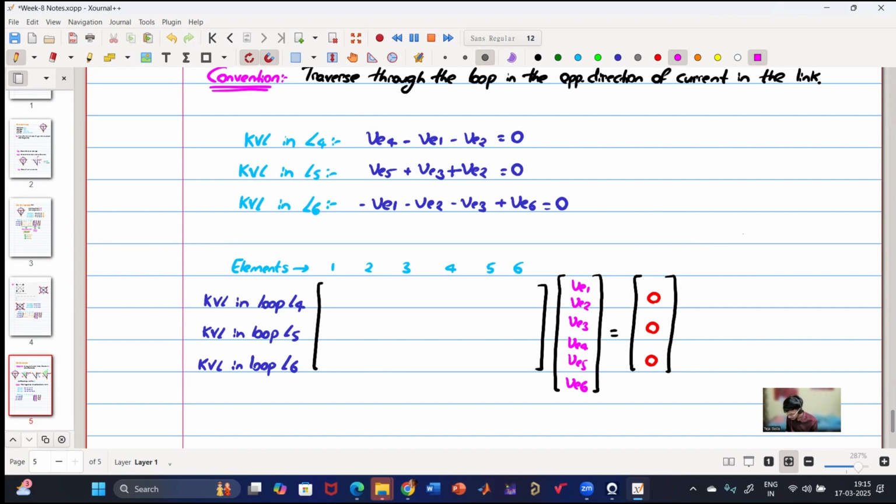0, -1, no, -1, -1, yeah. 0, 1, 0, 0. Yes, very good. Others in loop L5, what will be the expression?